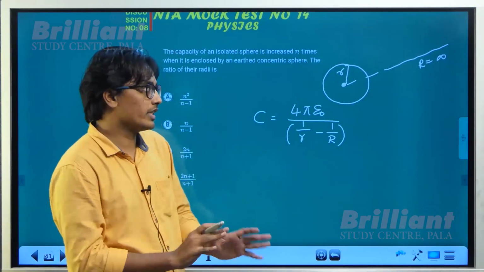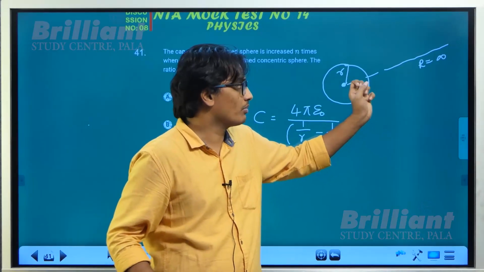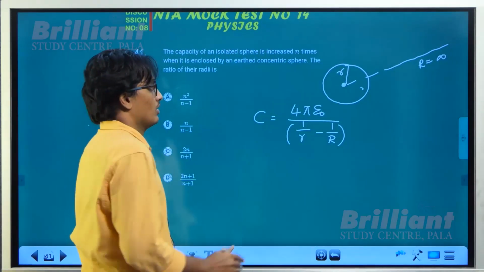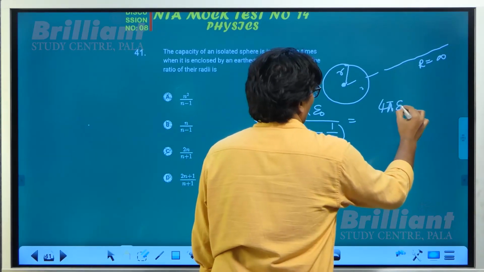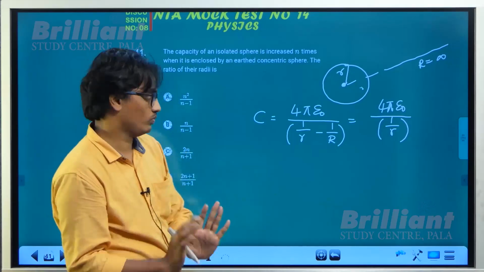This sphere forms a capacitor with the one assumed to be at infinity. So the capacitance of this isolated capacitor is 4 pi epsilon naught into (1 by r minus 1 by infinity, which is 0).